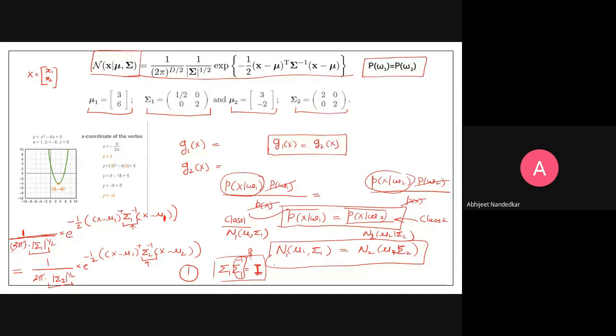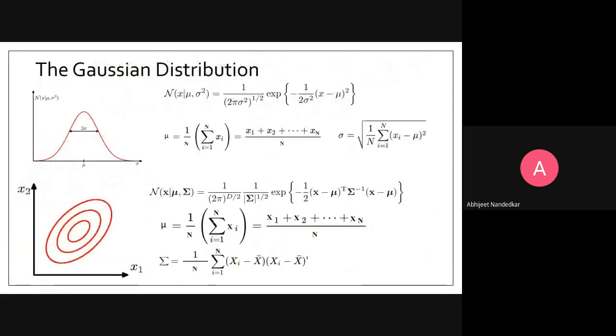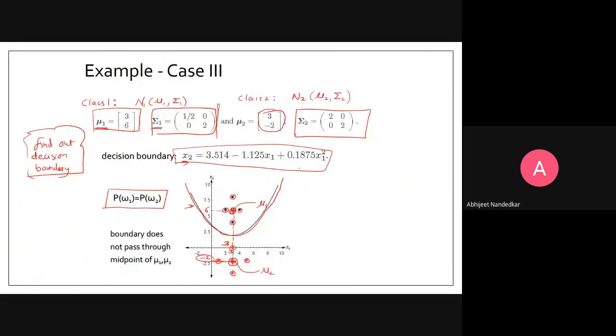You can check online, or go to your basic mathematics book on how to find this, and put it here. When you simplify this, you will get this particular equation.